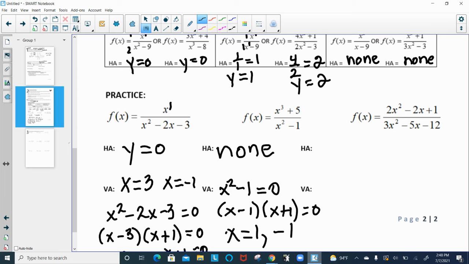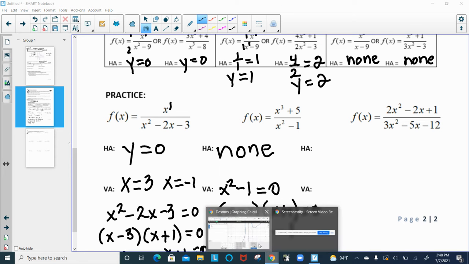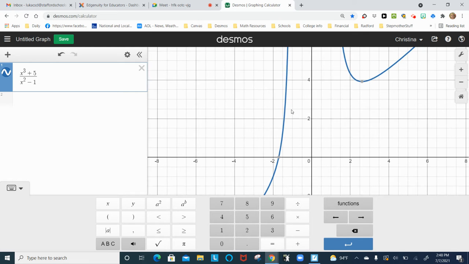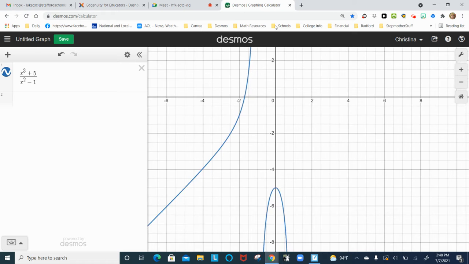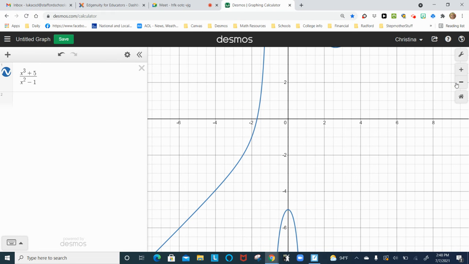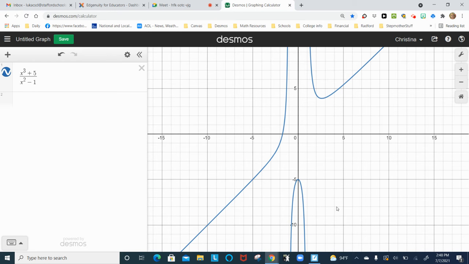Let's make sure that I plugged it in right. x cubed plus 5, x squared minus 1. Yes, I did. There's pieces here we're not seeing completely. Let's do that. So you can see the 1, the vertical asymptote, and you can see the -1, the vertical asymptote. Clearly, no horizontal asymptote.